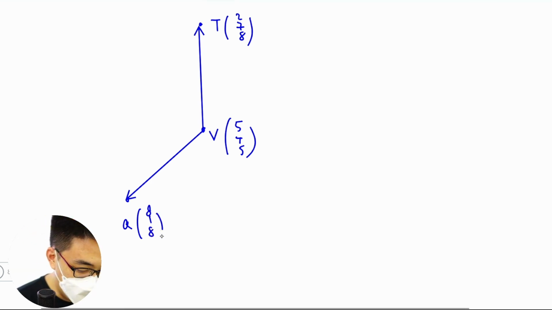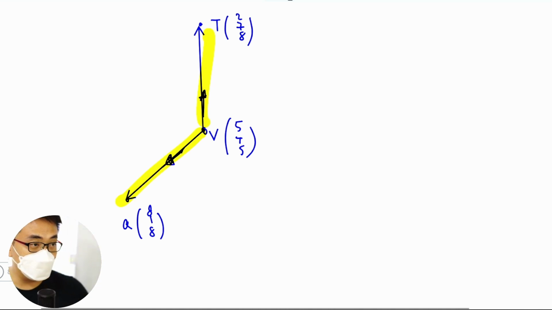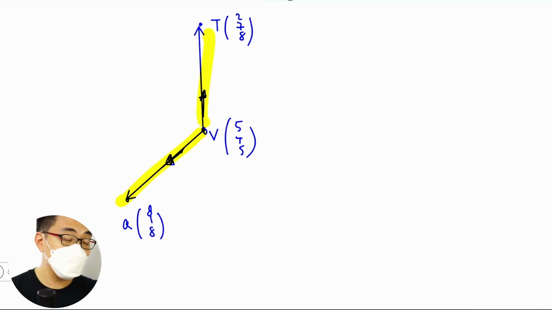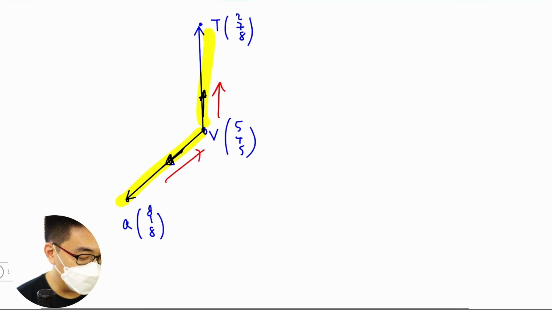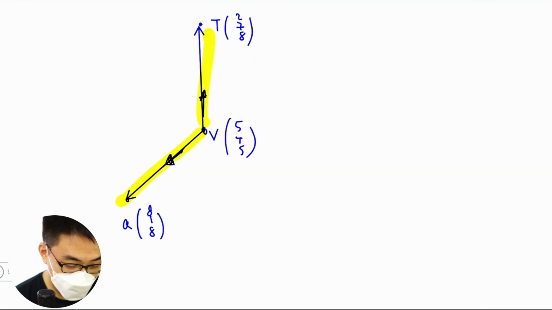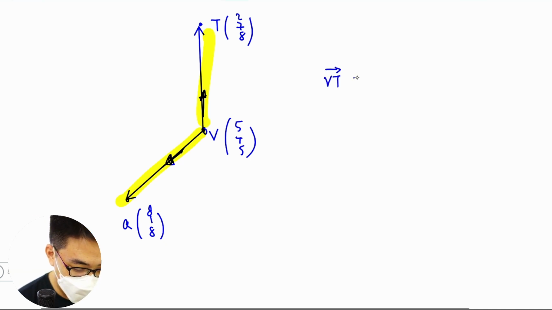Okay, so when it's obtuse, just make sure that if this is coming out, just go out together. I think a good habit is to point the vectors out from a point, or if you want to point in, both have to point in also. Okay, just don't do one go in, one come out. It doesn't work that way. So VT is VT and VQ.